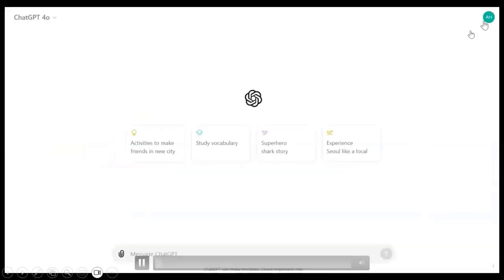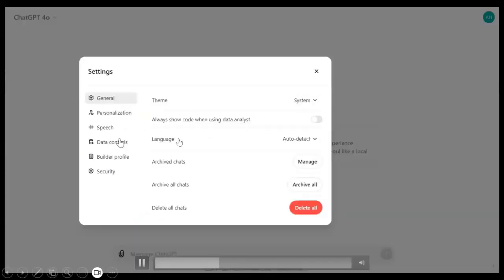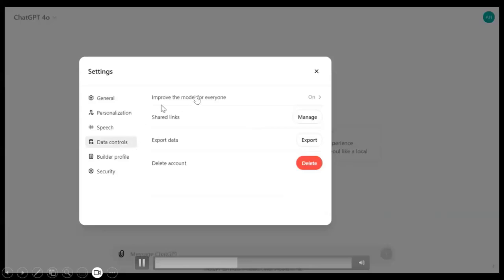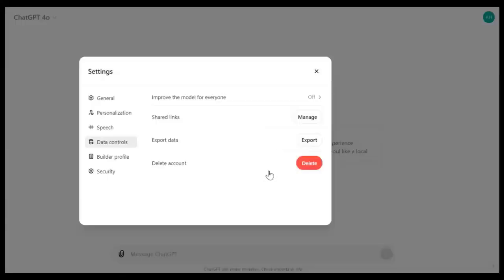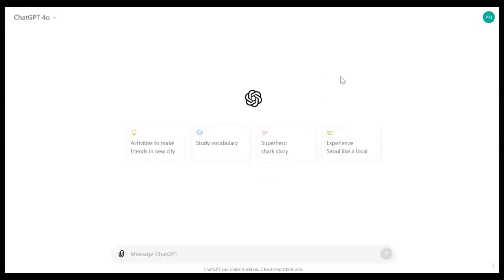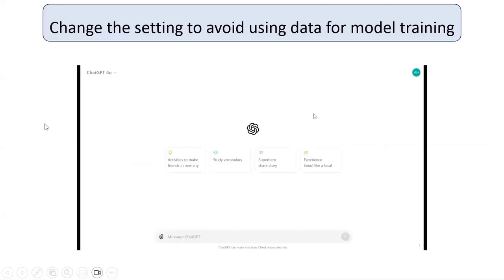We go to our account, then to the settings, then to data controls, and shut off 'improve the model for everyone'. You need to shut this off before you put your research idea in, to avoid it being shared with others and used to train the model.